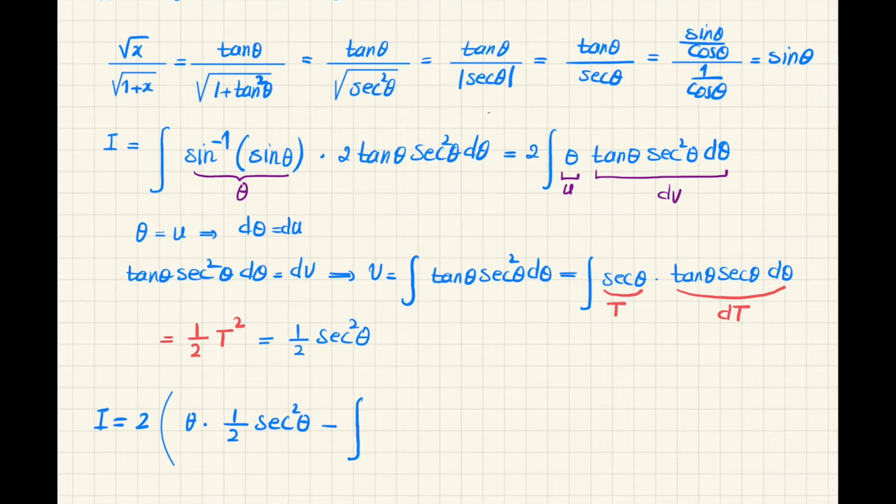But what is my v? This is my v here. So it becomes v du. And what is my du? My du is d theta.